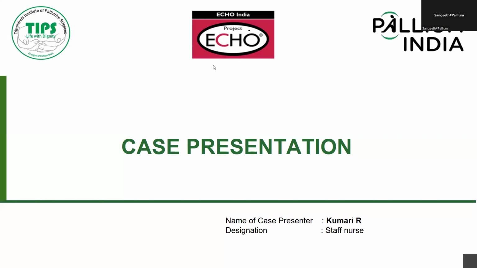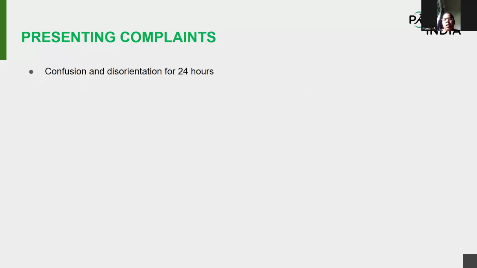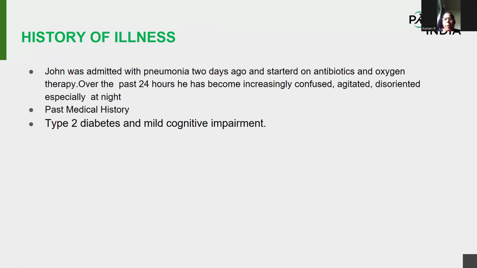Ma'am, you can start presenting. Good evening, ma'am. Today my case presentation is regarding delirium. My patient is 72 years old, male, a retired teacher and widower. Presenting complaint was confusion and disorientation for the past 24 hours.